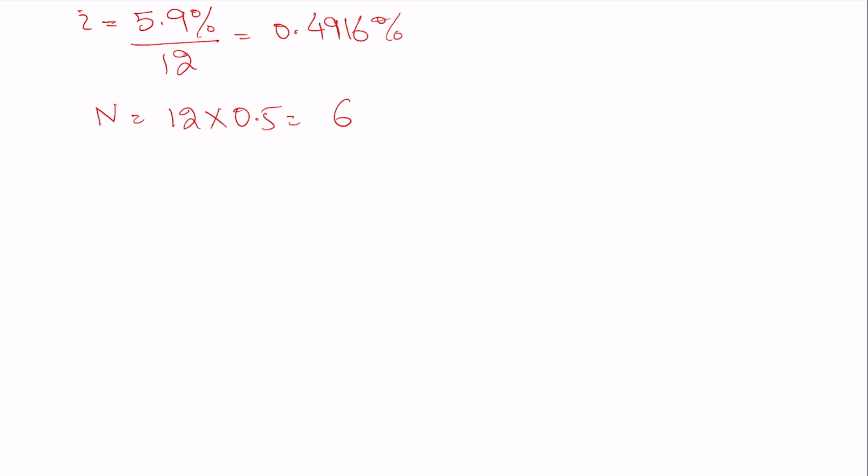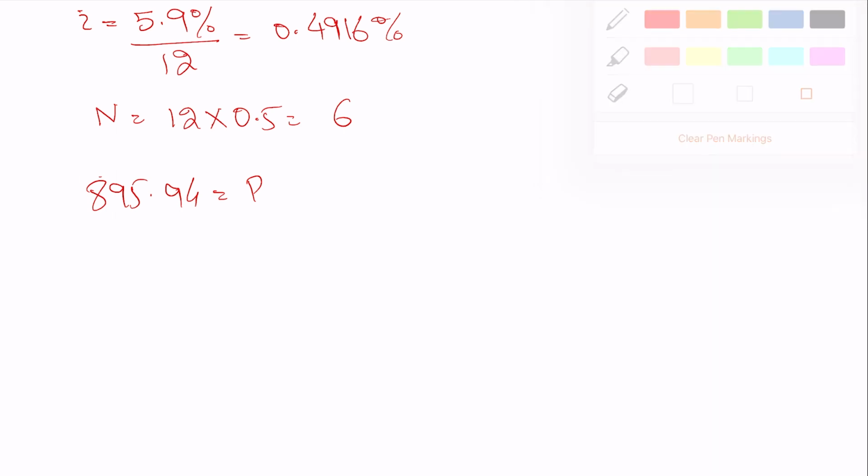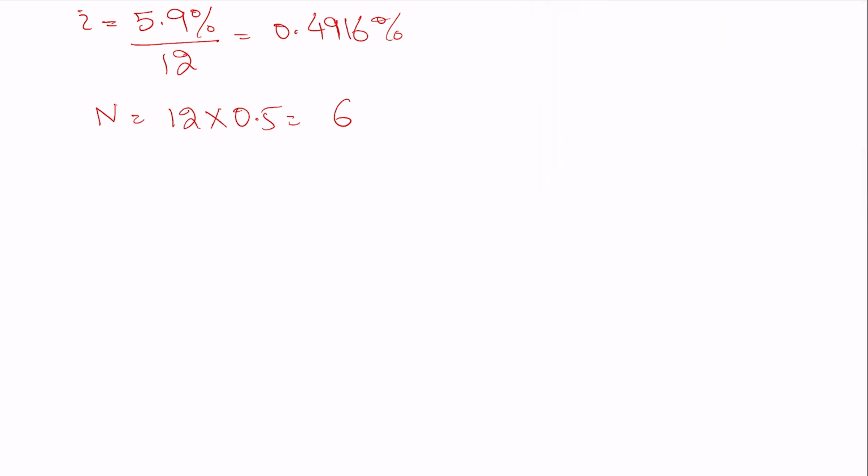The present value is 895.94, which is equal to PMT, and I should have a space for making the schedule.